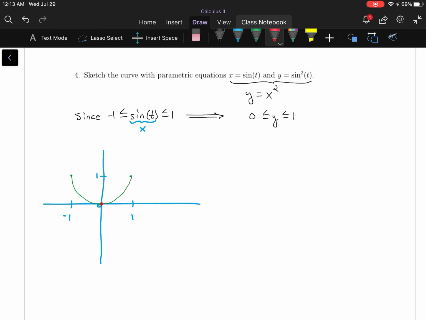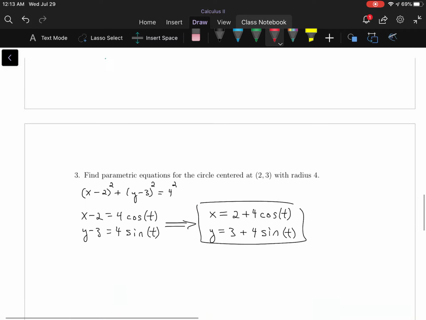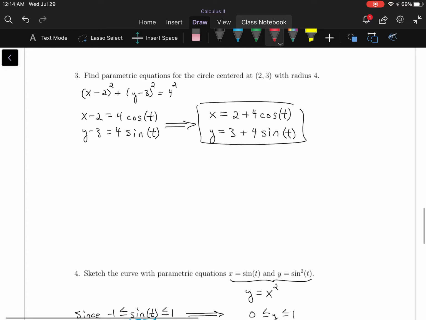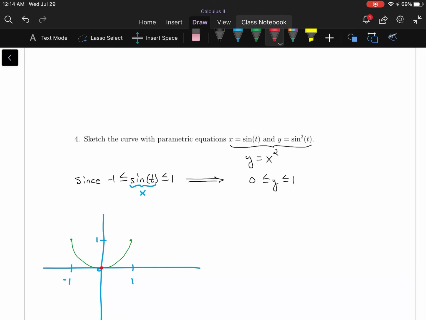And if you choose a time point higher than that, let's look back at our sine function. So sine of pi over 2 is 1. And so that is x equals 1 and y equals 1 squared, or 1, so (1, 1), which means we moved to the right, up to (1, 1).